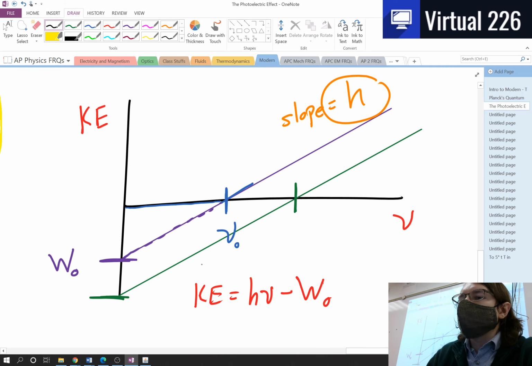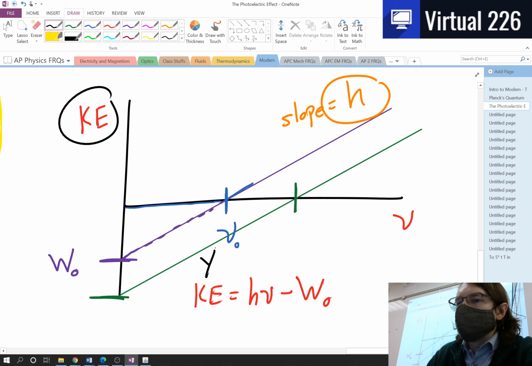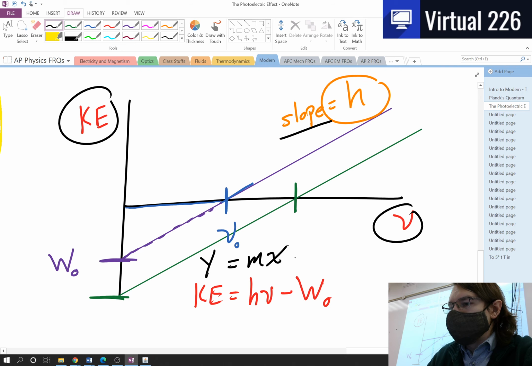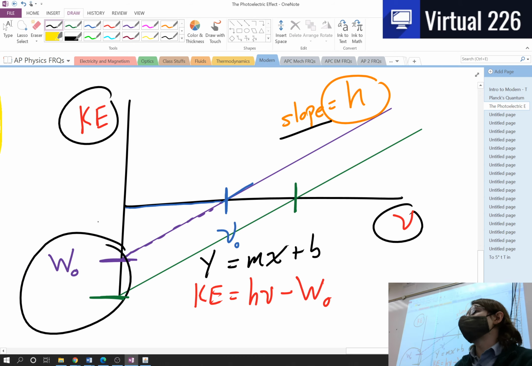This graph is literally just saying y equals mx plus b, where our b is a negative quantity. Your standard slope, standard graph, what you learned in your algebra and geometry courses ages ago, is what Einstein used to win a Nobel Prize.